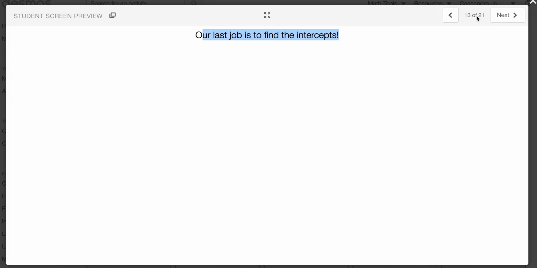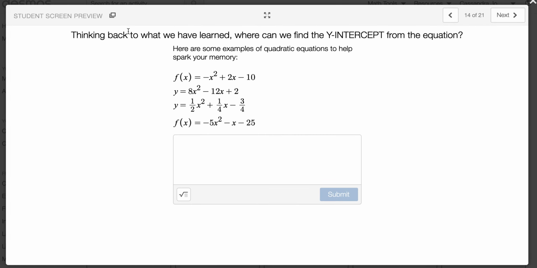The last thing we need to do is find our intercepts. Thinking back to what we know, where can we find our y-intercept from equations? Here's a couple equations to help spark your memory. Think about what spot is the y-intercept. Hopefully you said that the constant is the y-intercept, which it is.